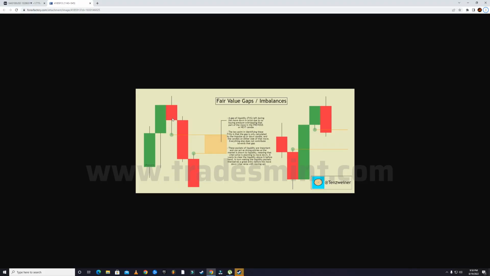So this is the first candle, and we look at the low of the first candle, and then we look at the high of the third candle, and if there is a gap between the low of the first candle and the high of the third candle, then that area could be considered as fair value gap or imbalance.